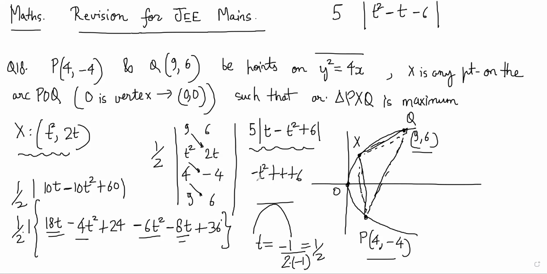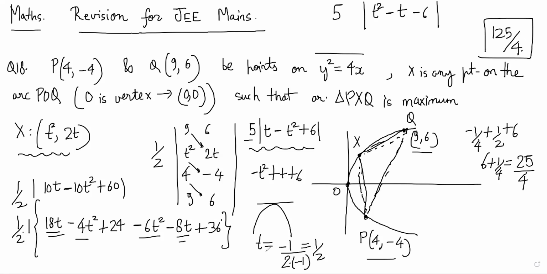At t is equal to 1 by 2, the value is coming out to be minus 1 by 4 plus 1 by 2 plus 6. So this becomes 6 plus 1 by 4, that becomes 25 by 4. And 25 by 4 into 5 is 125 by 4. That is the maximum area.